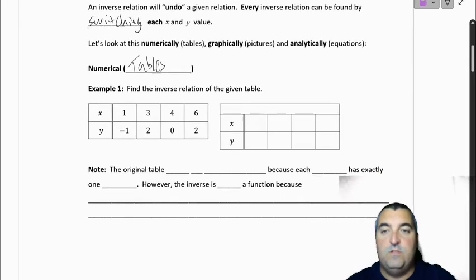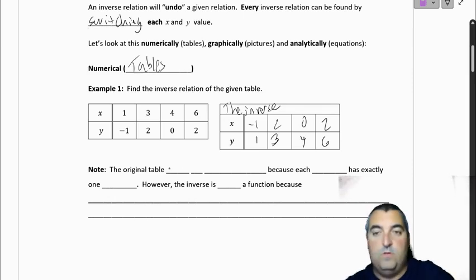So if our original function is this table here, for the inverse, you literally just switch the x and y. So the first one would be -1, 1, then 2, 3, 0, 4, and 2, 6.